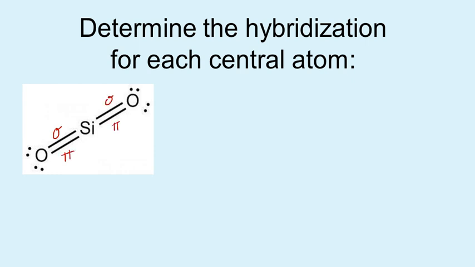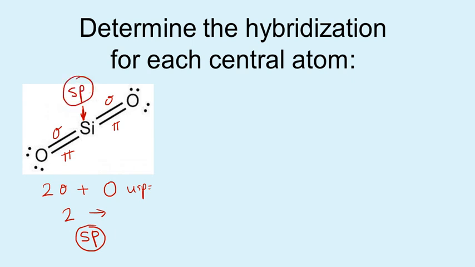And so we have 2 sigma bonds, and the silicon does not have any unshared electron pairs on it. So that's 0 unshared pairs. 2 plus 0 is 2, and from the earlier chart, we said that means it's going to have sp hybridization. So that means that that silicon atom has sp hybridization.